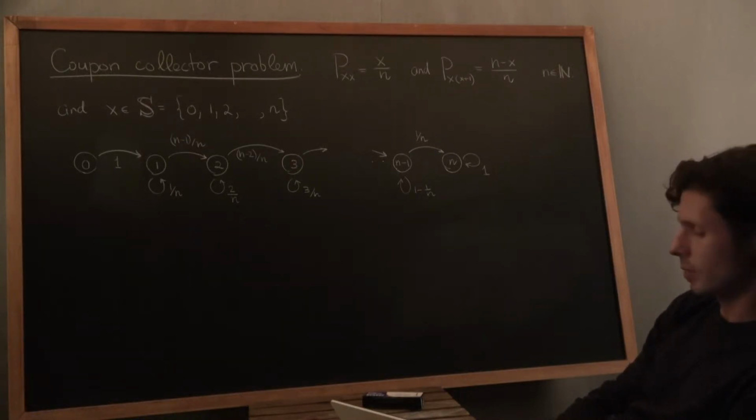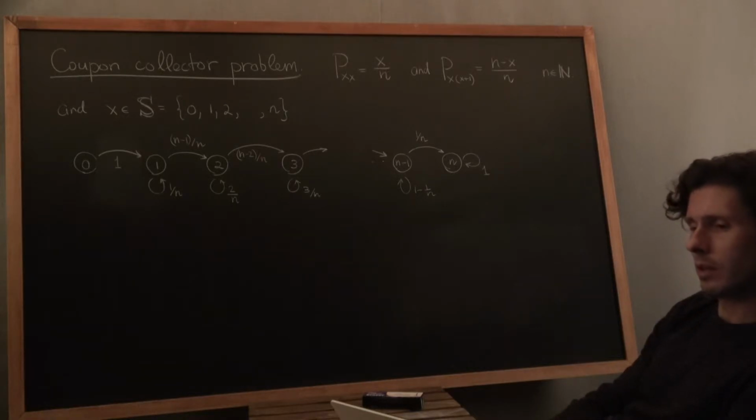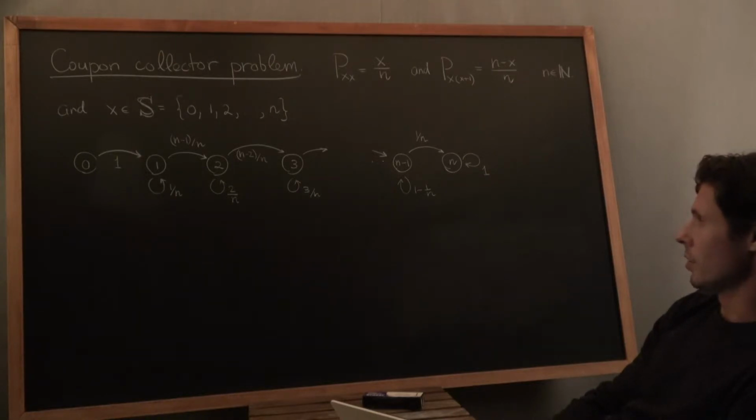But the idea of this coupon collector problem is that there are n distinct coupon types, and you're trying to collect all n distinct coupons, but every single time you get a coupon, they're all equally likely to find their way to you, right?